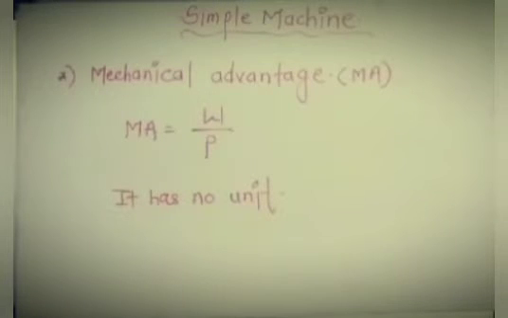That means from this term we can calculate how efficient that machine is, or how much exactly effort is required to lift the load, or how much load is lifted by applying a certain effort. That tells us the mechanical advantage.